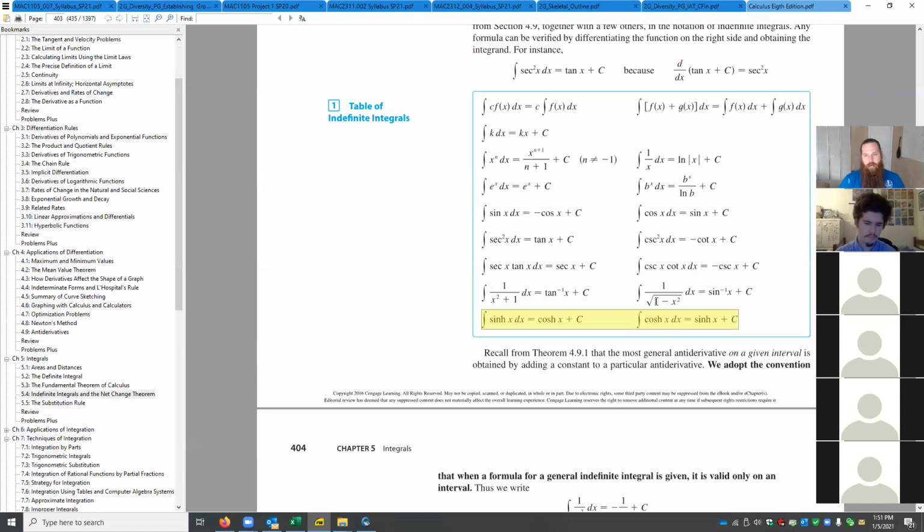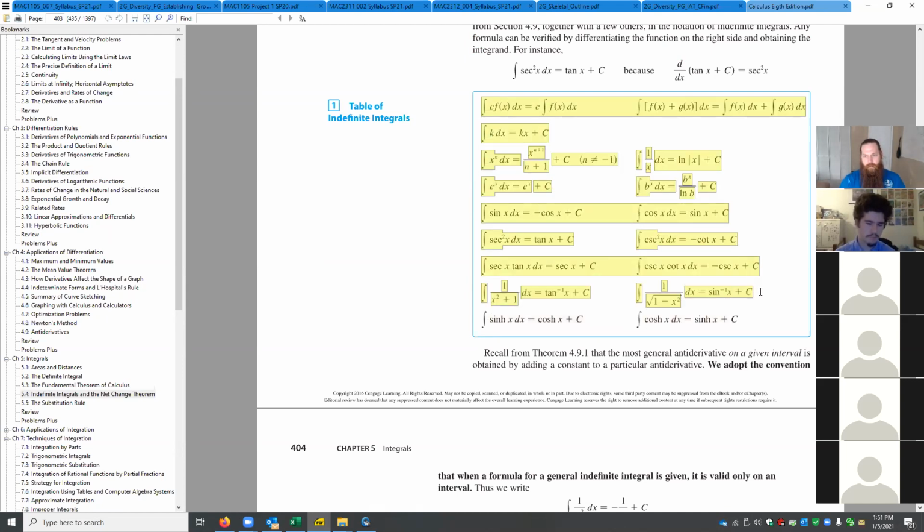I don't think most Calc 1s at Santa Fe teach hyperbolic trig functions, so I won't hold you responsible for that. But everything else here needs to be known by heart. This is on page 403 of the textbook. If you have the full textbook, it's about halfway through section 5.4, if you have some other version of the textbook. And it's just your basic antiderivatives, the stuff that we need to know by heart.